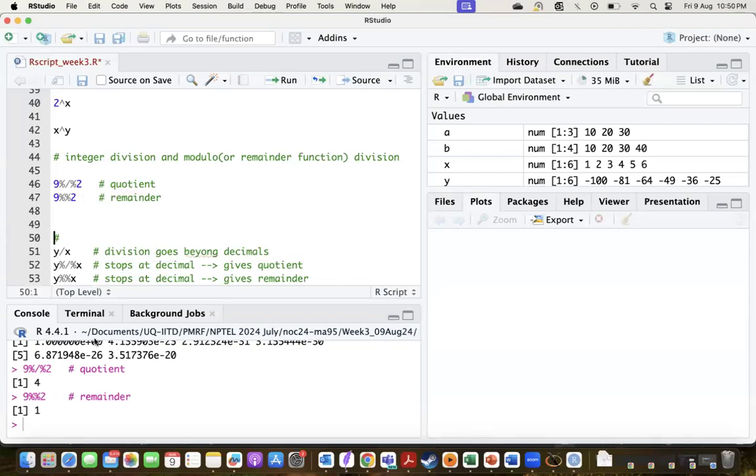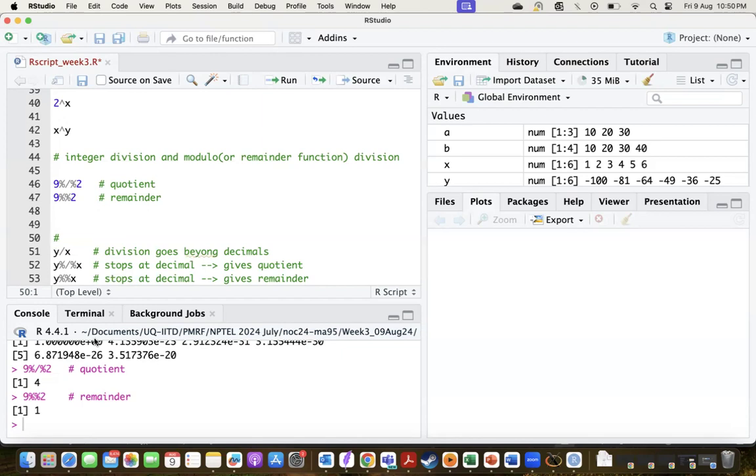Again, this can be useful. For example, let's say I want to calculate how many weeks are there in a 31-day month. I can divide 31 by 7 because I know a week is made up of 7 days.